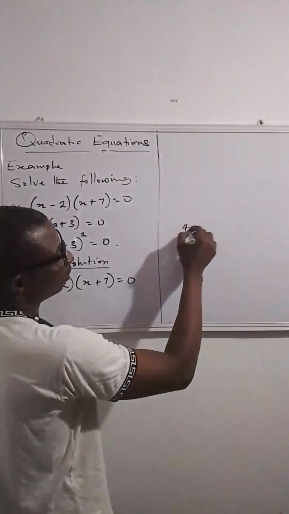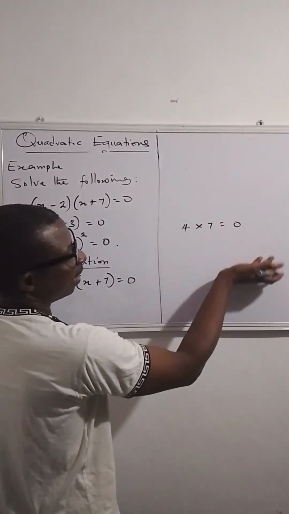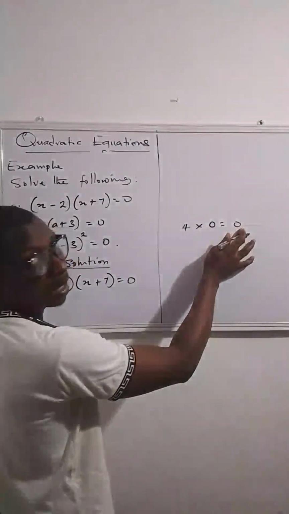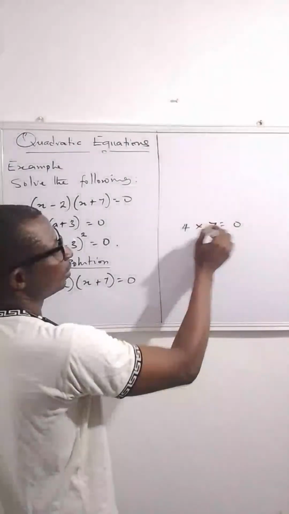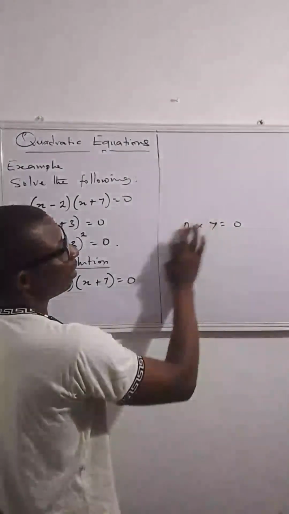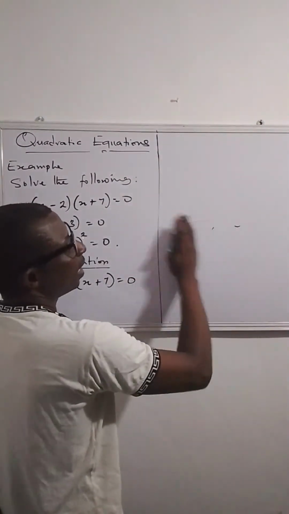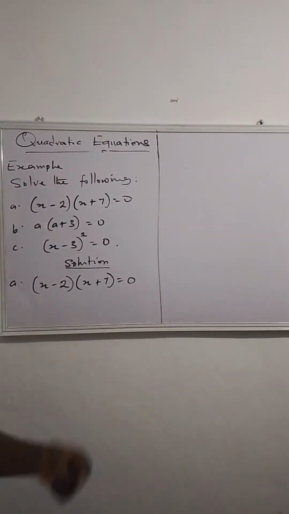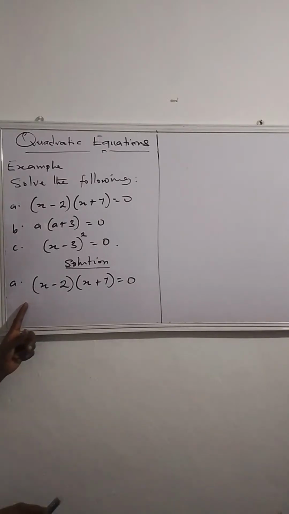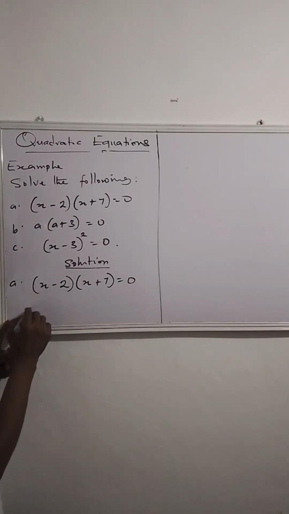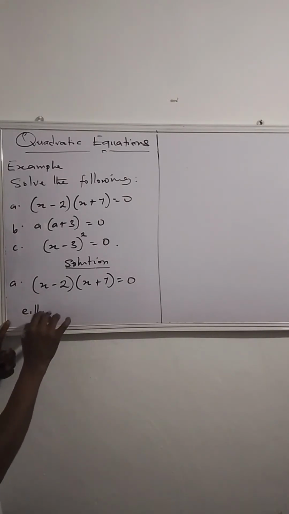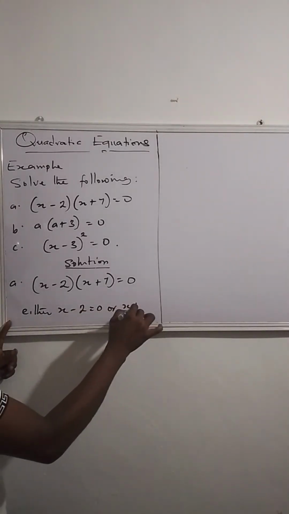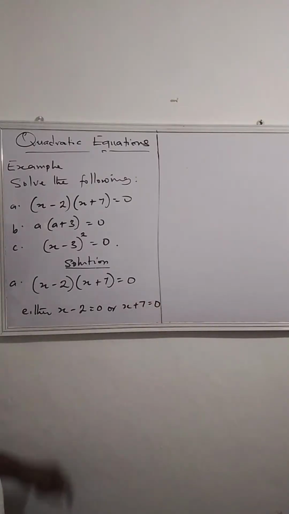If I have 4 times 7, I can't have 0. It's only if one of them is 0. So whenever you multiply two numbers together and your result is 0, one of them must be 0. So it's either x minus 2 is 0 or x plus 7 is 0.